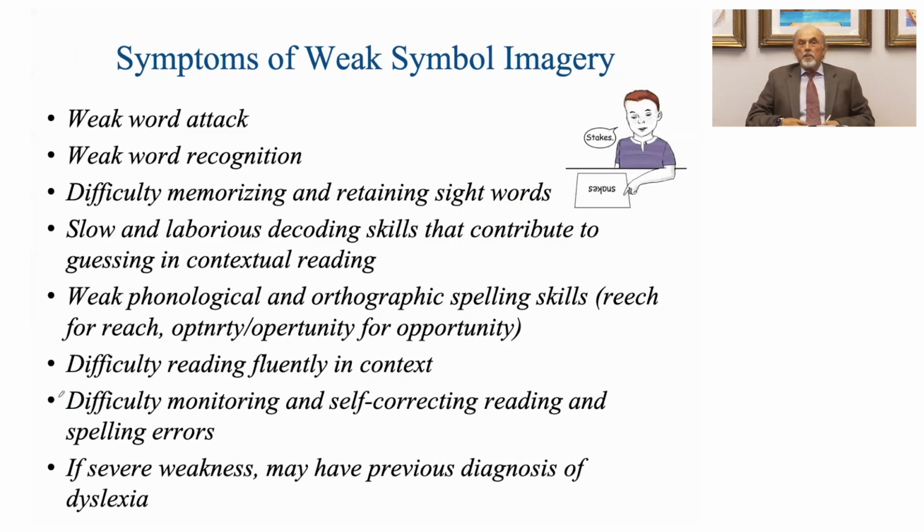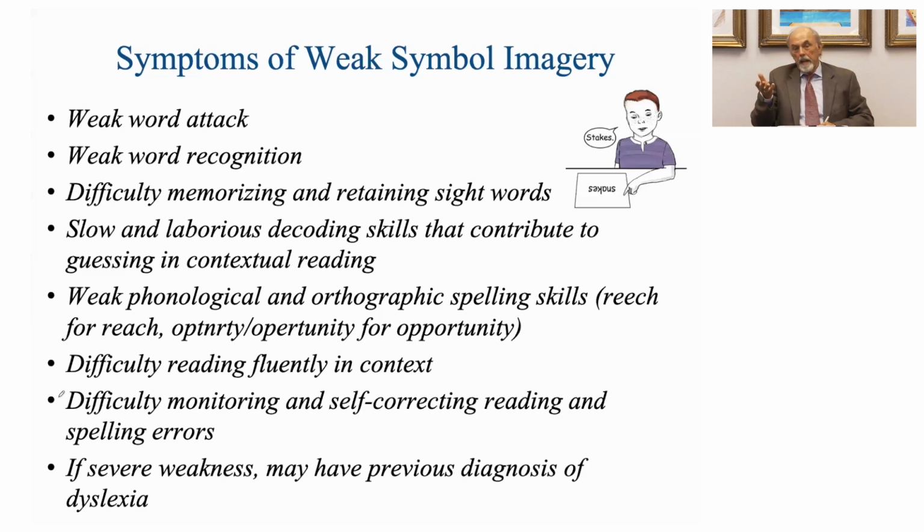I want to ask you to think about this, starting with what we call poor symbol imagery, or the sensory cognitive needs that children have with regard to being able to decode. Kids who are dyslexic might be in this population.